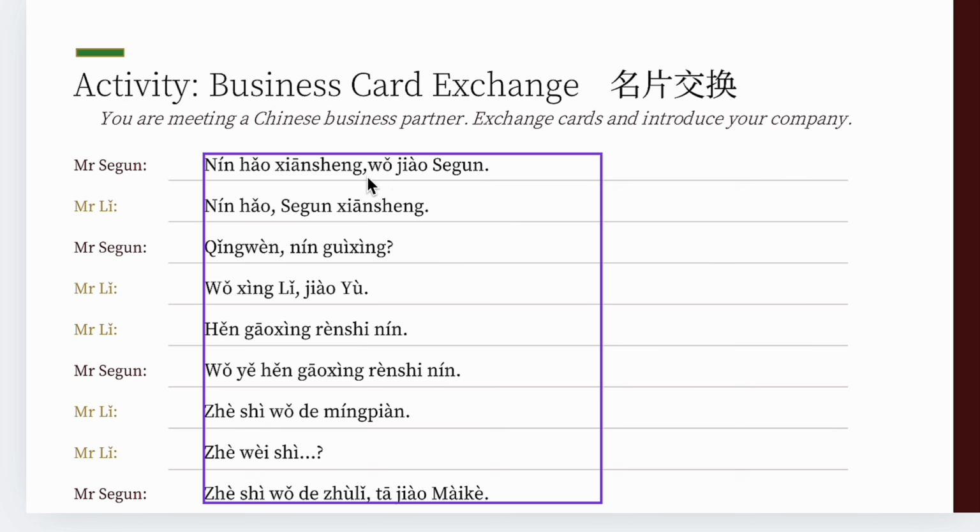Let's go through our famous dialogue again. 你好，先生，我叫谢公。你好，谢公先生，请问您贵姓？我姓黎，叫玉。很高兴认识您。我也很高兴认识您。这是我的名片。这位是，这是我的助理，他叫麦克。This is my assistant. He is called Michael.